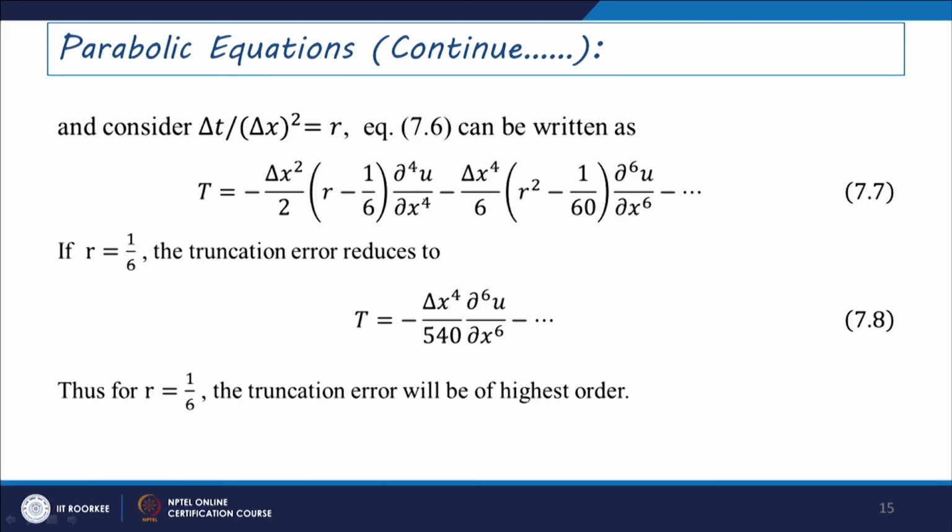If you consider r equals 1 by 6 here, then this truncation error reduces to minus of del x to the power 4 by 560 del 6 u by del x to the power 6 minus the rest of the terms. For r equals 1 by 6, the truncation error will be of highest order here.